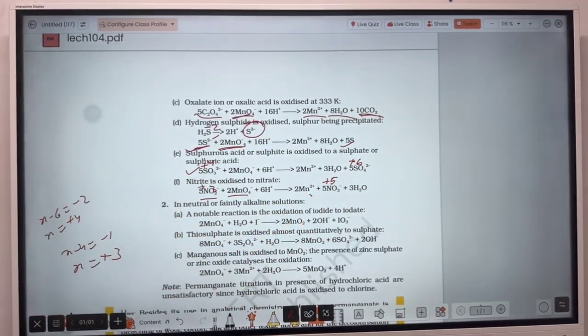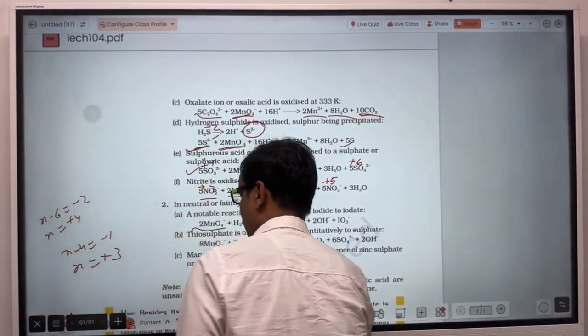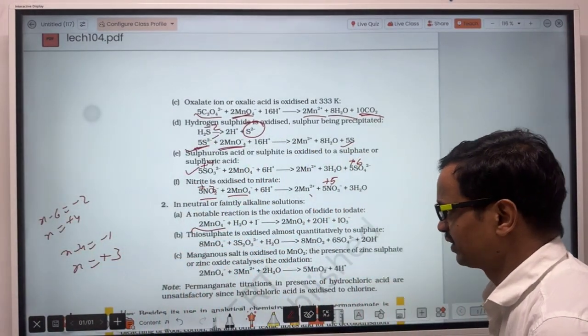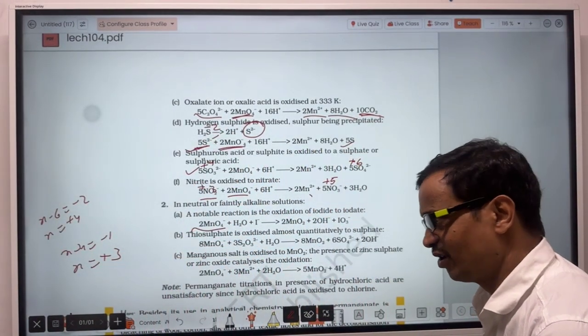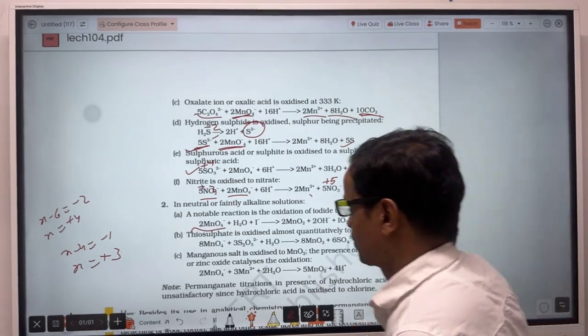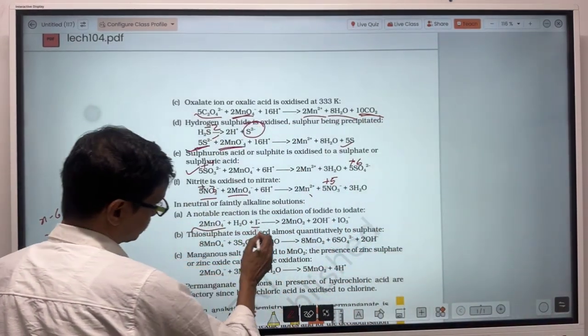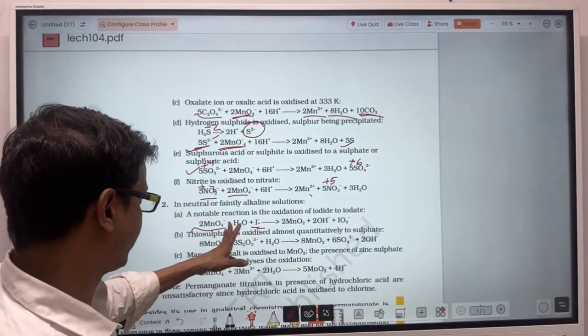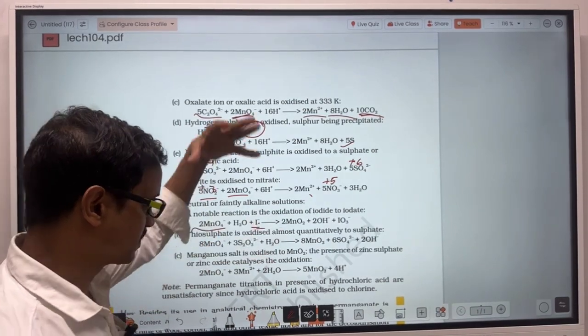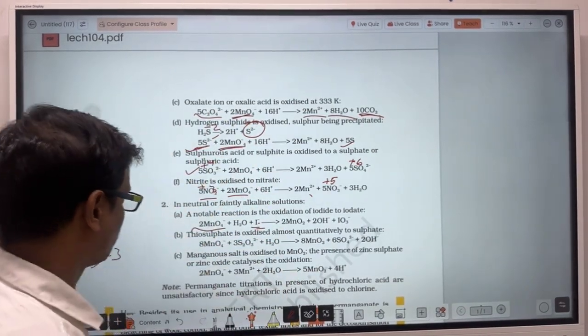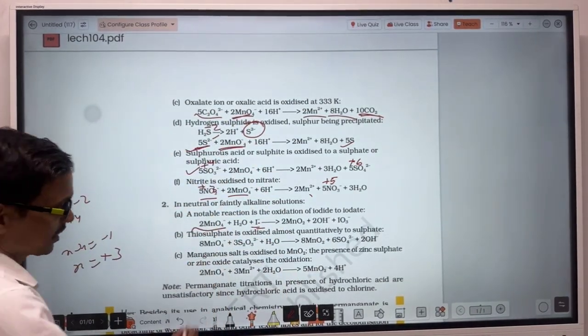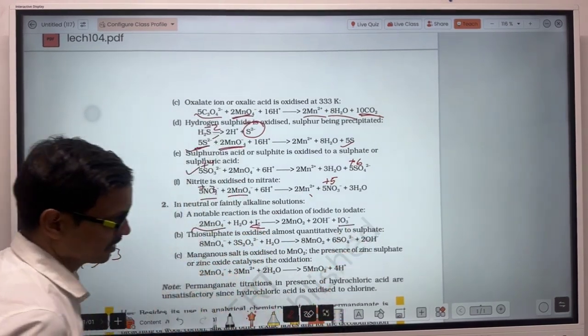In neutral medium, the only difference is that KMnO4 is reduced into MnO2. Iodide goes into iodine, but in neutral medium there is so much water that I2 will dissolve in water and form its oxoacid, that is HIO3.